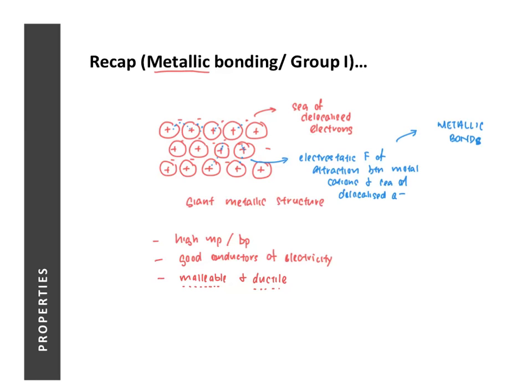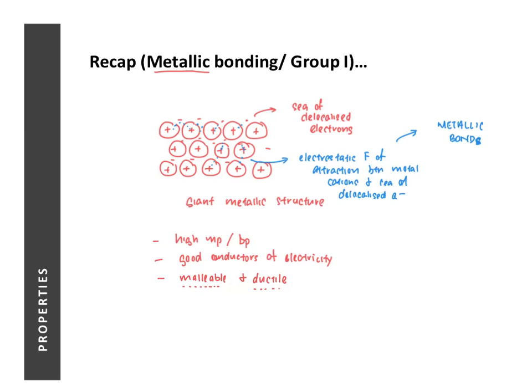Now, when a metal is hammered, the position of the metal cations may change. But are the electrostatic forces of attraction still present? The answer is yes, because the electrons are still surrounding the metal cations.